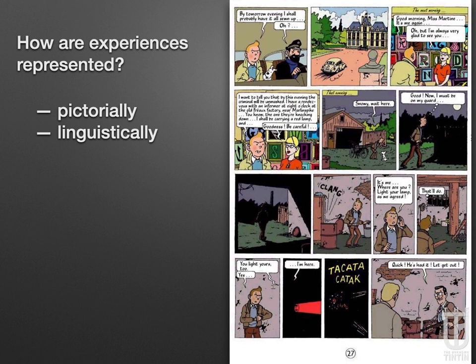And again, I resort to my typical artist, Hergé, and his comic book creation, Tintin and Friends, Captain Haddock, and so on. Now, what strikes you first, if you think about this purely from the point of view of construing experience, is, of course, it's chunked. But the main chunking is, as it were, pictorial rather than linguistic. So the linguistic chunking occurs within the pictorial chunking.